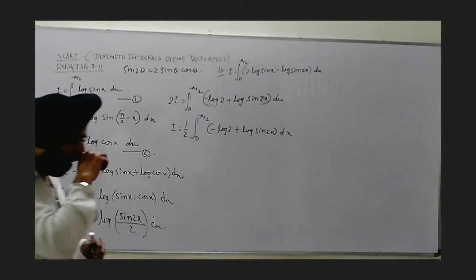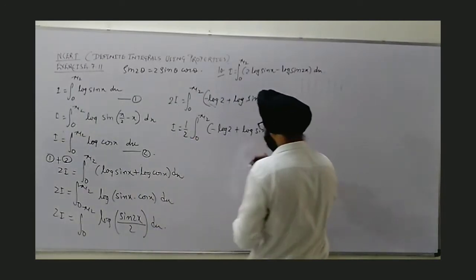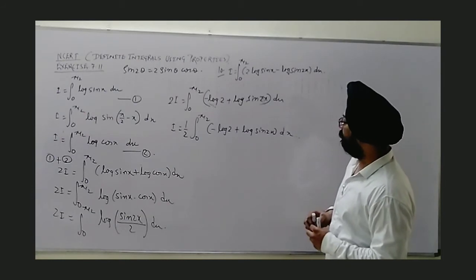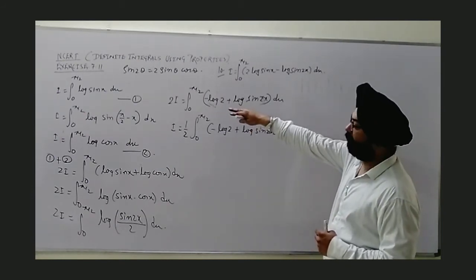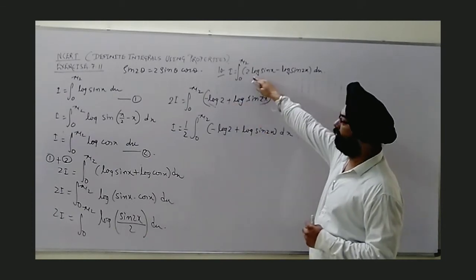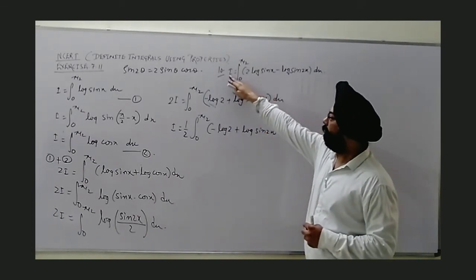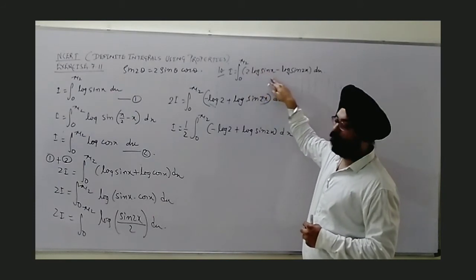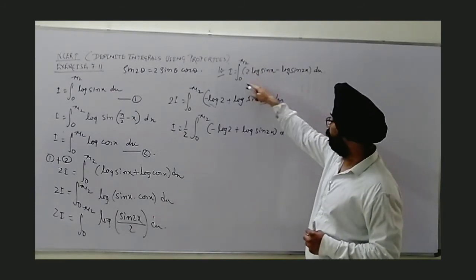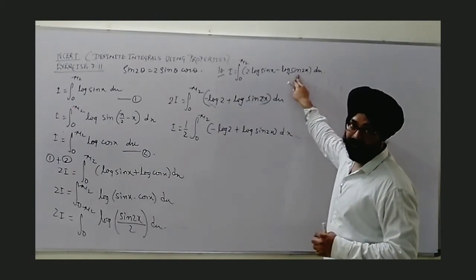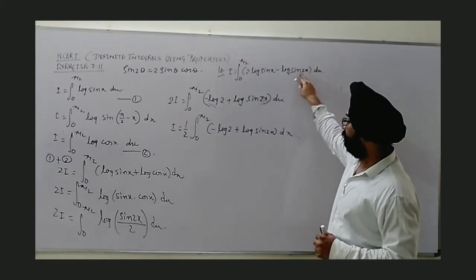Now what can we do here, what else are we having? I see that the same function is used as a part of it. I equal to integral 0 to pi by 2 log sin x is the first term of the given function, and log sin 2x is the second term.